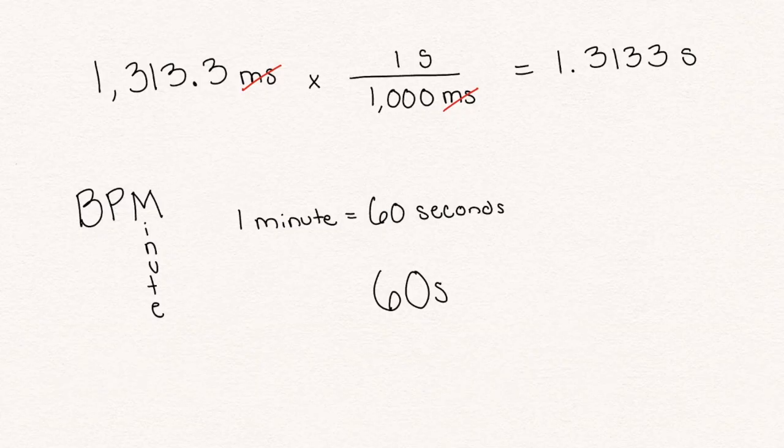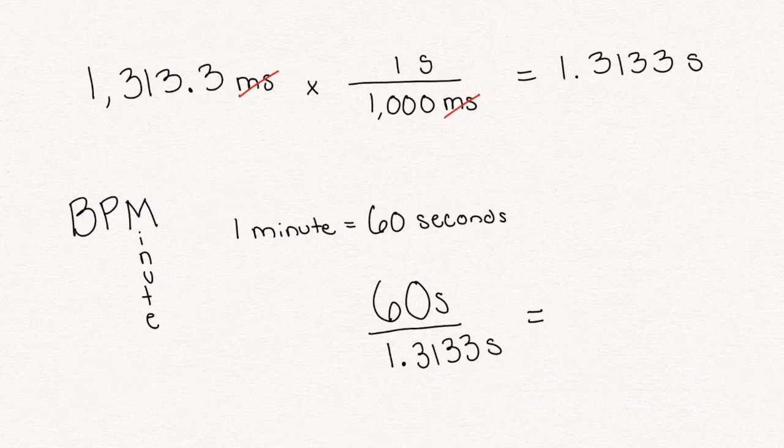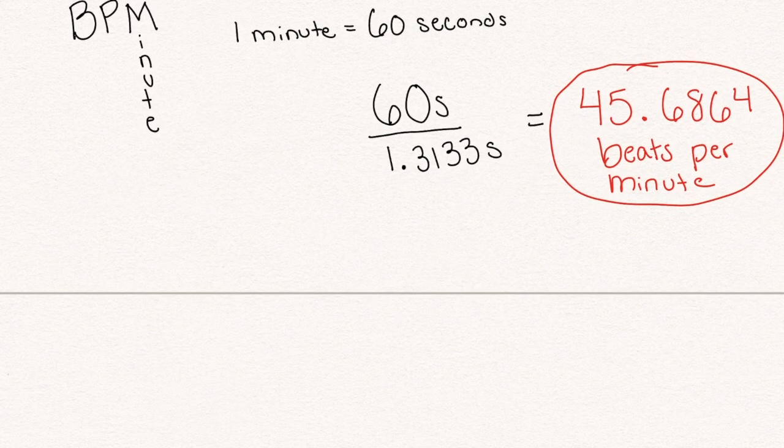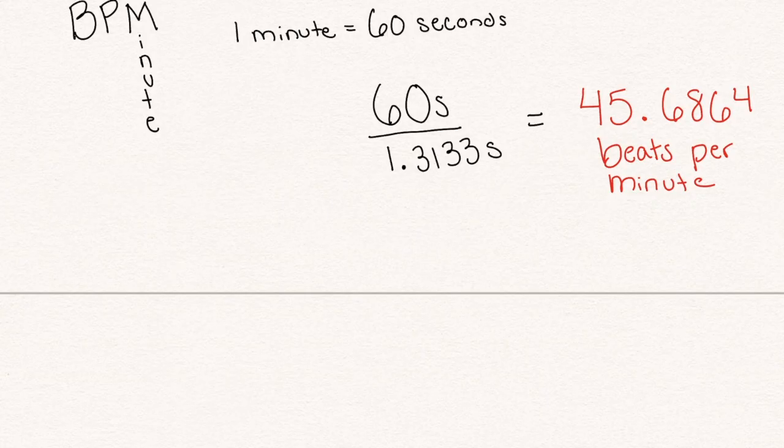So we take 60 and divide it by our average in seconds to make our units agree, and that will give us our average heart rate. I get a value of 45.6864. This answer makes more sense when rounded, so my final value for the average heart rate of this patient is 46 BPM.